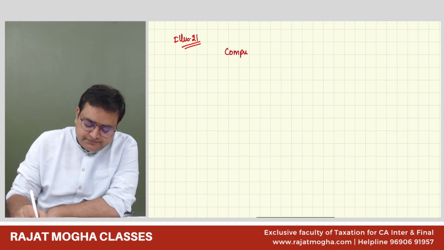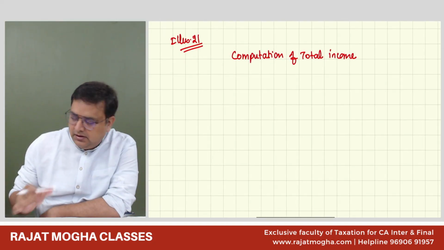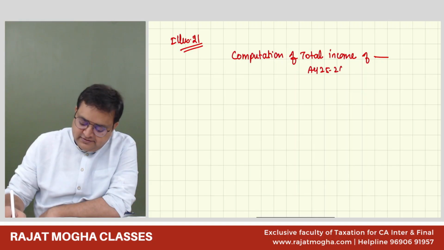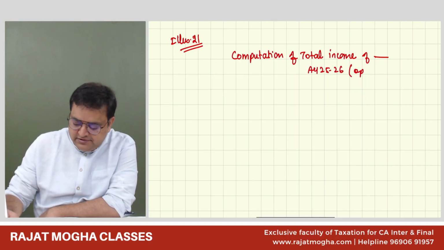Computation of total income of so and so. Assessment year 25-26, previous year 24-25. Optional regime.